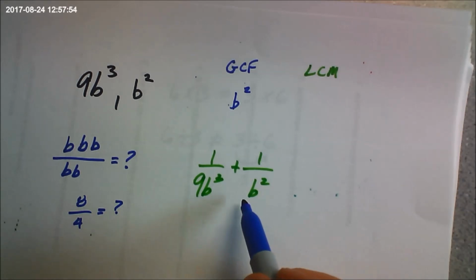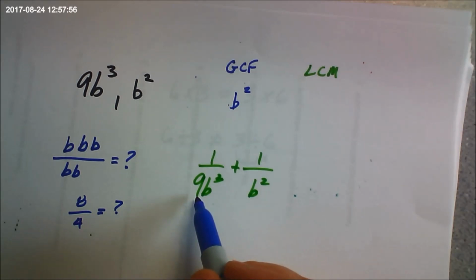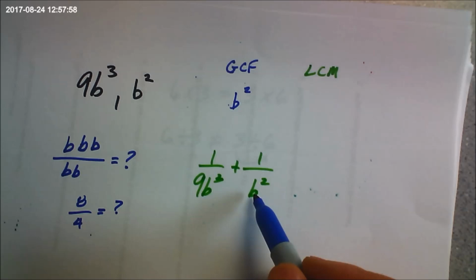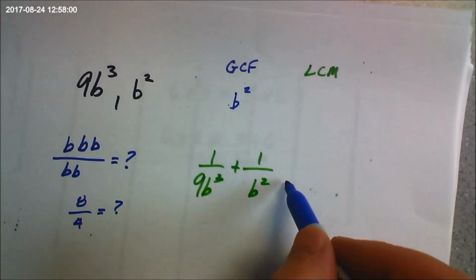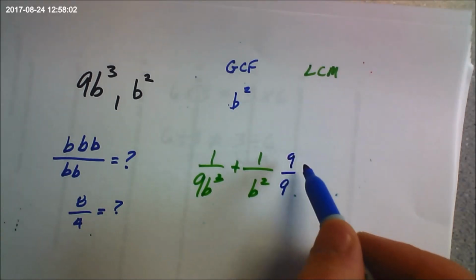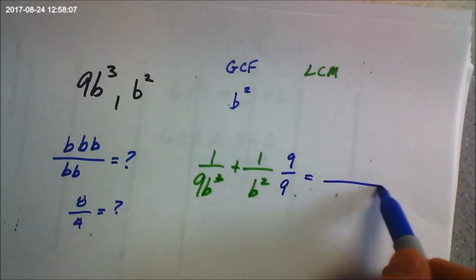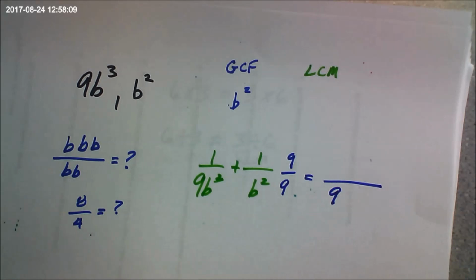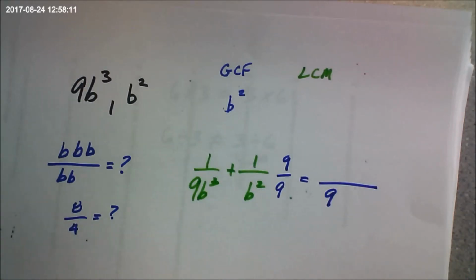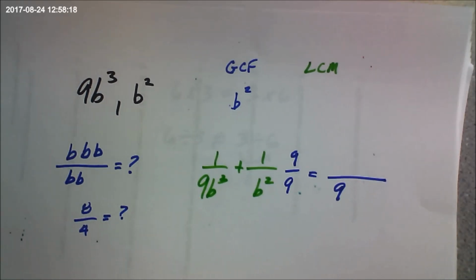So do you see that there's a 9 here, right? And Ruben, there's no 9 here. So this side over here, it needs 9. Juliana, you see what I'm doing? Okay. So I'm going to put 9 as part of my denominator. As an F, you see how there's a b squared and a b cubed?